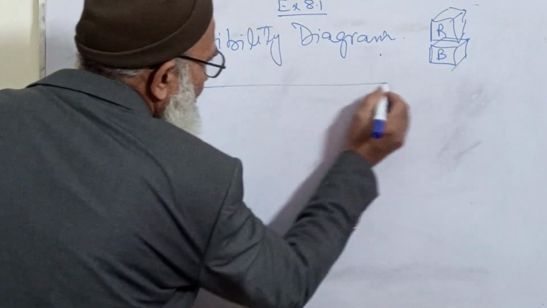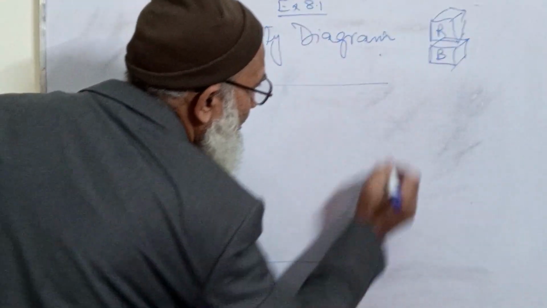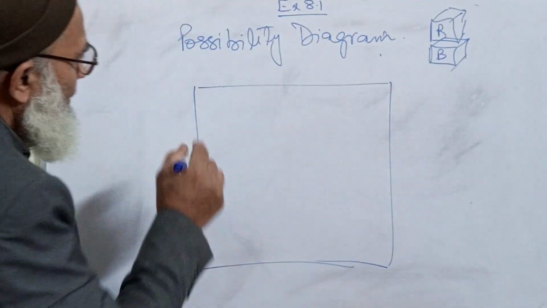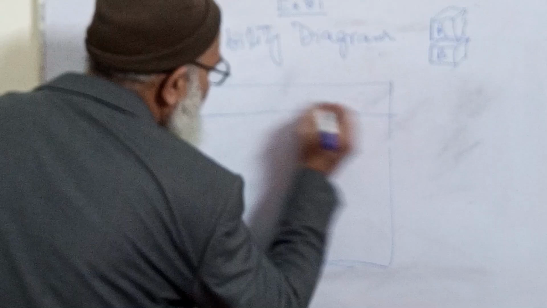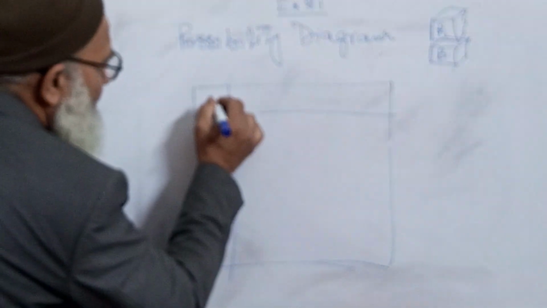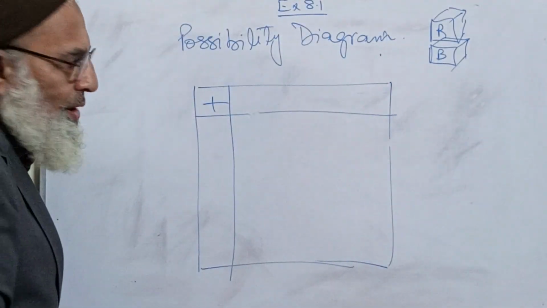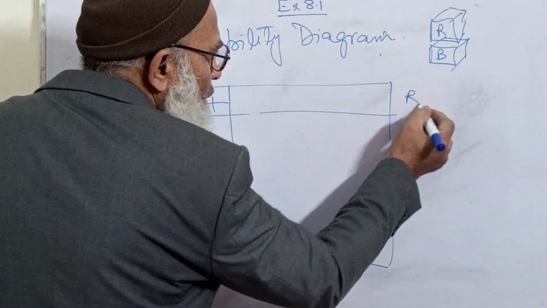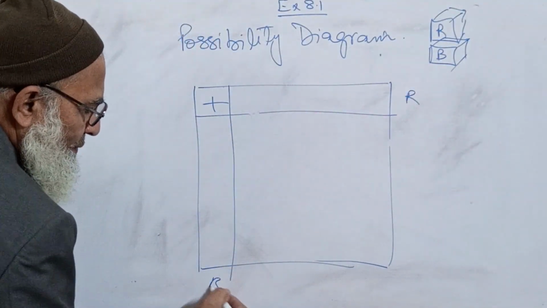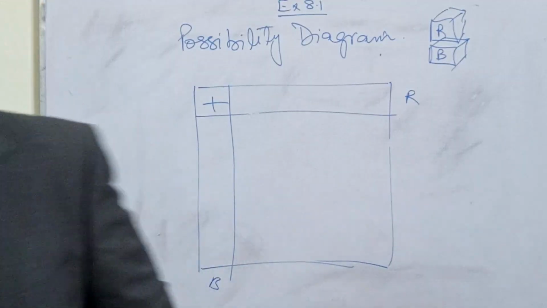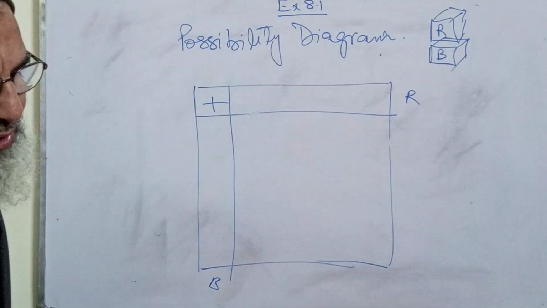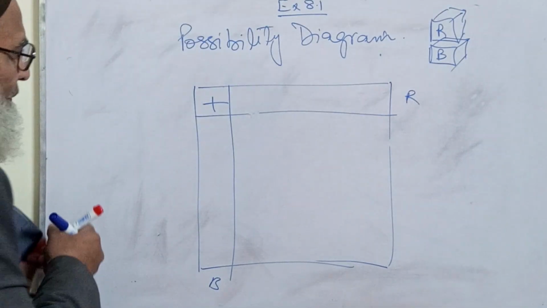First we have to draw a table, like this. Of course, this is the red column, this is the blue column. I can use the red marker here as well. 1 2 3 4 5 6, because there are six faces.